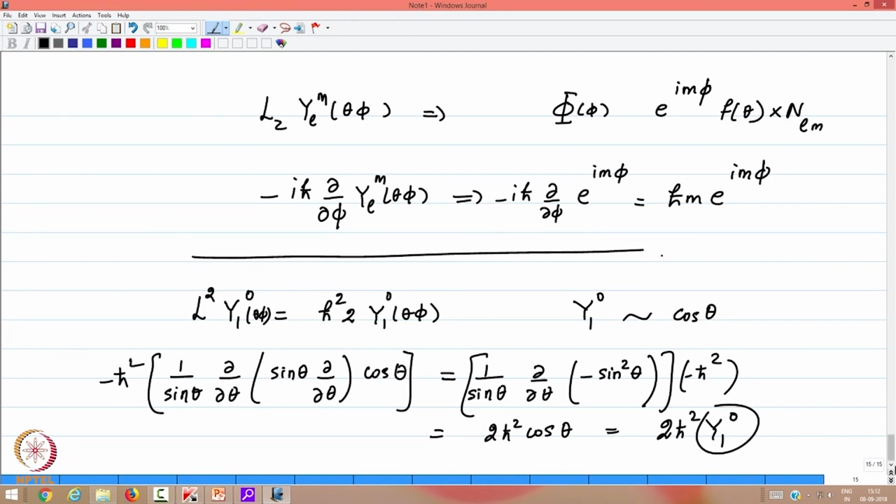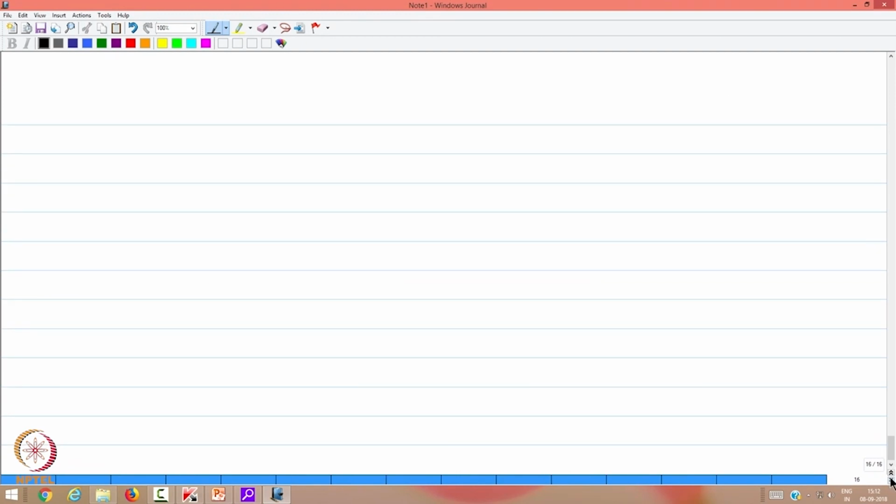Easy. Same thing you can do for the sin theta e raised to I phi, which is y1 1. The idea of doing both of them is that the derivative will contain both the theta part and phi part.